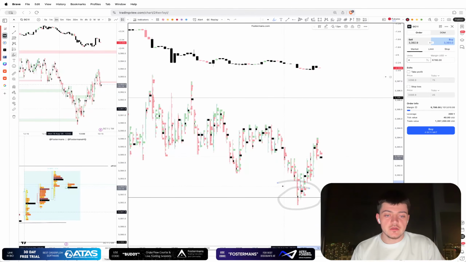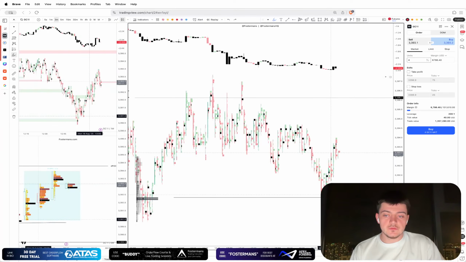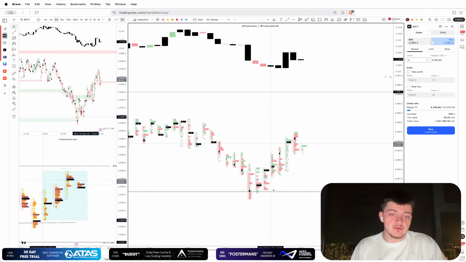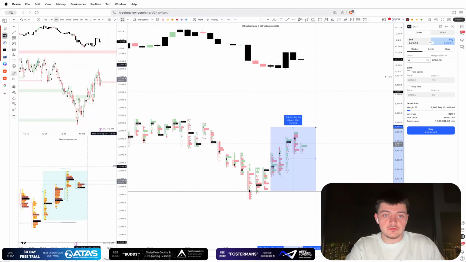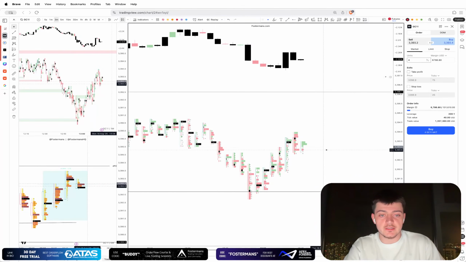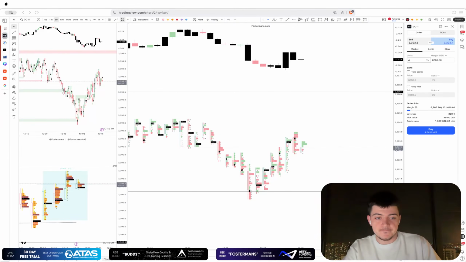Something down here is something that I probably would have taken if we didn't have that 7 o'clock open. The 1 o'clock open as well is a wee bit too crazy for me. But again, just off that trade alone, so far you would have been up $320 per contract.